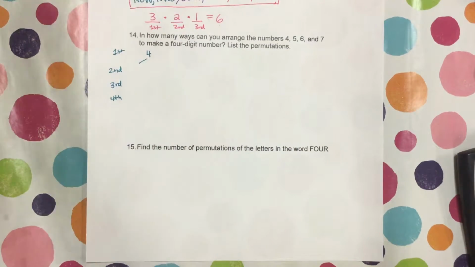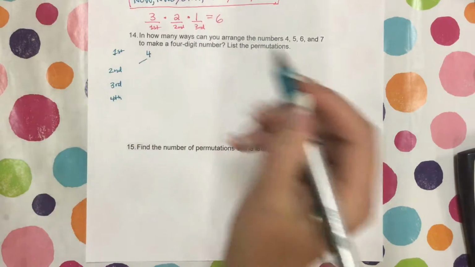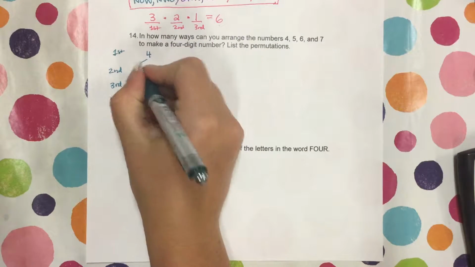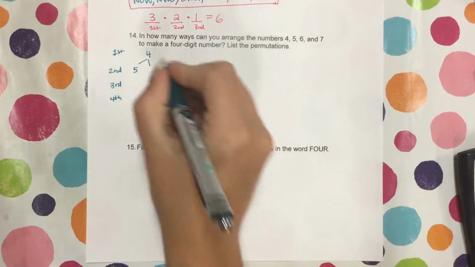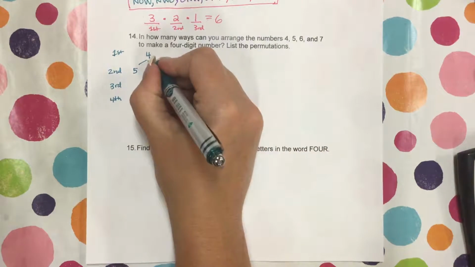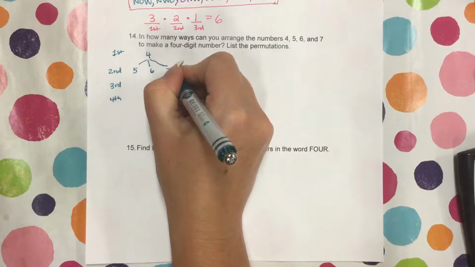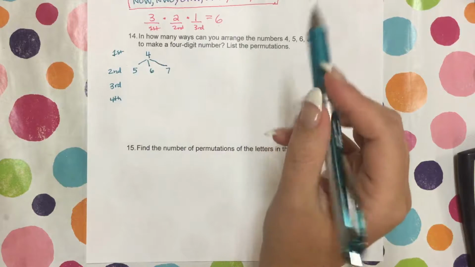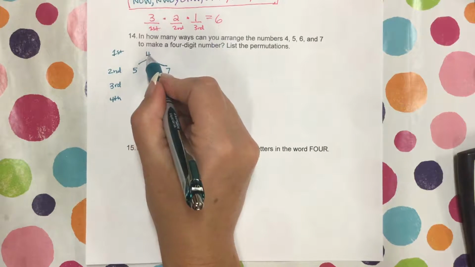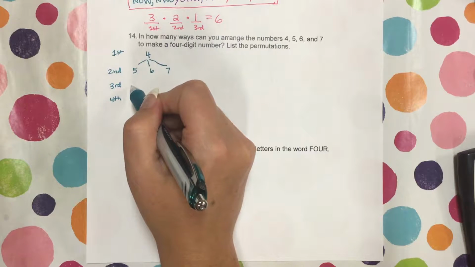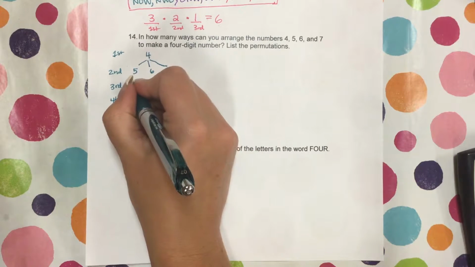So if 4 is the first number listed, for the second number, you could either have a 5, a 6, or a 7. Those are the options. Now, if you had a 4 first and then a 5 second, for third, you would have two options.